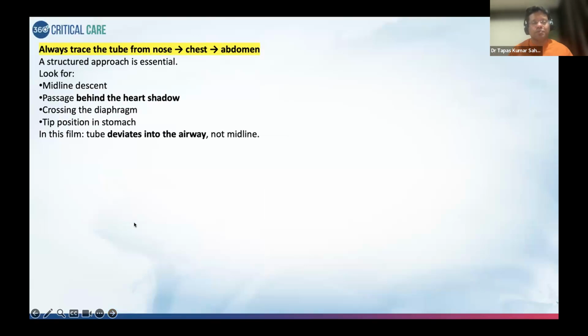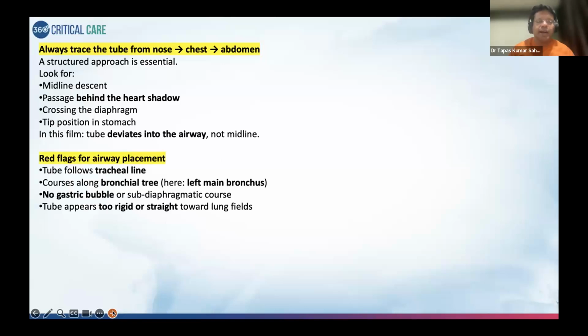Now in this film, the tube deviates into the airway, not midline, very clearly seen. Now, red flags for airway placement: the tube is not in the stomach or esophagus, rather it has entered the airway. So you have to follow the tracheal line, the course along the bronchial tree.